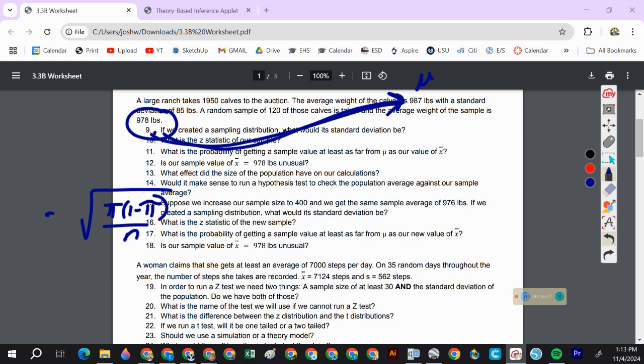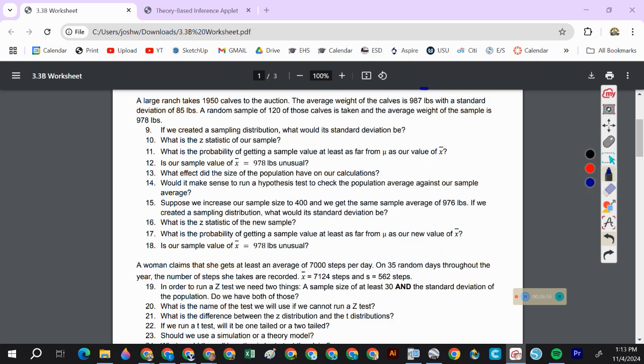Okay, but in the real world, are we going to know what this is? No. Somebody's going to give us a number and tell us it's true, and that's fine. We can work with that. Okay? But will we know this number? No. And that's going to create some problems for us.